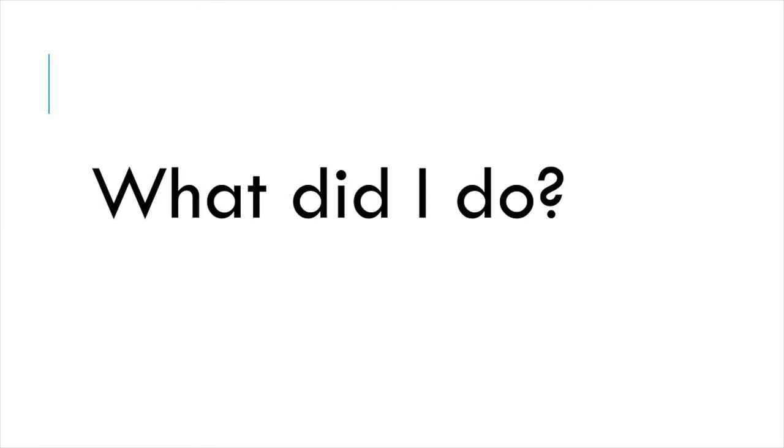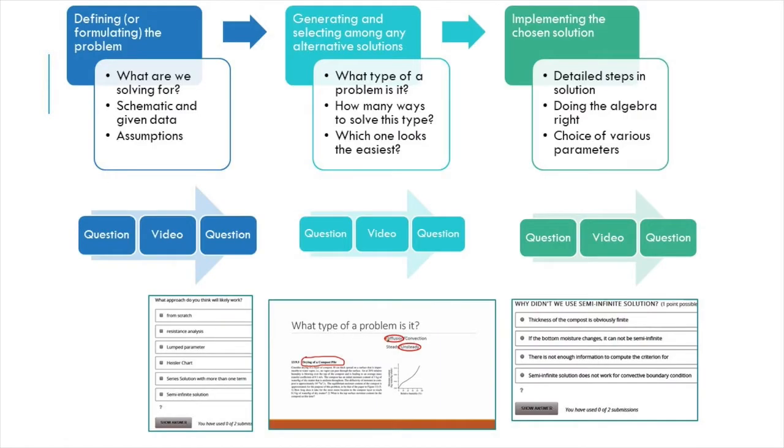So what I did was I divided the problem solving into 4 parts, not unlike the solved problem I just showed 2 slides ago, but further broke down each step into these generic questions. For example, in defining the problem, we have: what are we solving for?